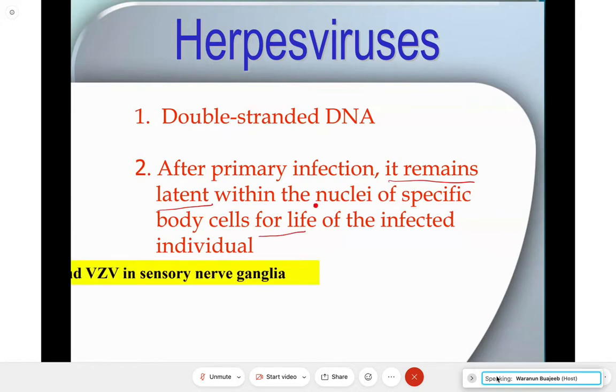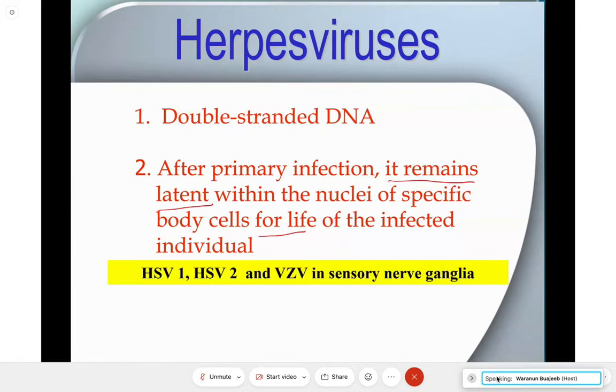For herpes simplex virus type 1, type 2, and varicella zoster virus, after primary infection, they can remain in the sensory nerve ganglion, which can also be the trigeminal ganglion.